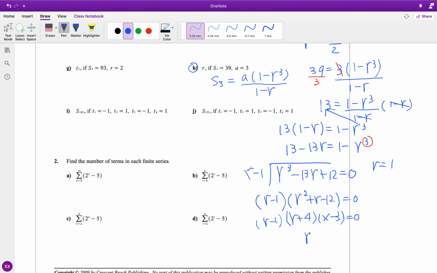So that means r equals negative 4 or r equals 3. The reason r equals 1 does not even need to be considered is that if r is 1, then everything's the same, so obviously this is not the same. So r is either this or that.